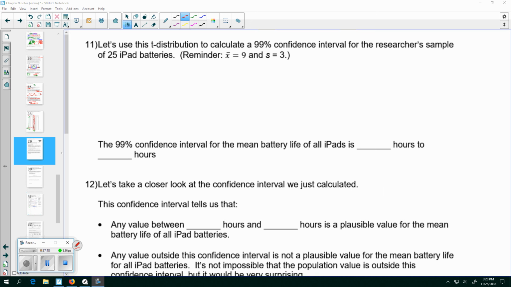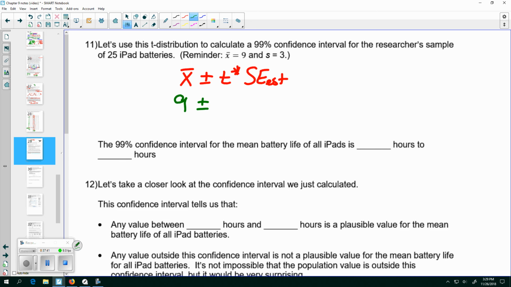Okay, so let's use this t-distribution to calculate a 99% confidence interval for the researcher's sample of 25 iPad batteries. Just a reminder that x bar is 9 and s is 3. We're going to use the formula x bar plus or minus a critical value times the estimated standard error. So we've got 9 plus or minus.